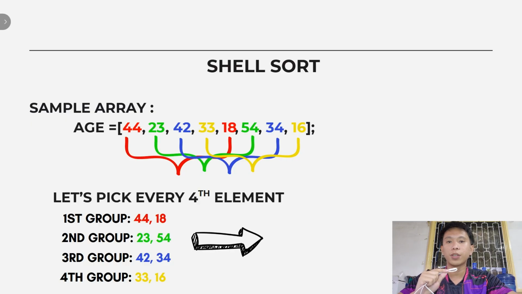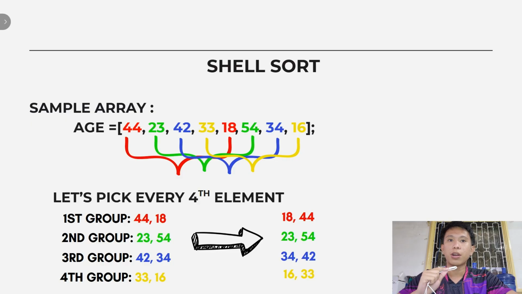First, 44 and 18 will now become 18 and 44, 23 and 54 will remain 23 and 54, 42 and 34 will now become 34 and 42, and lastly, 33 and 16 will now become 16 and 33.